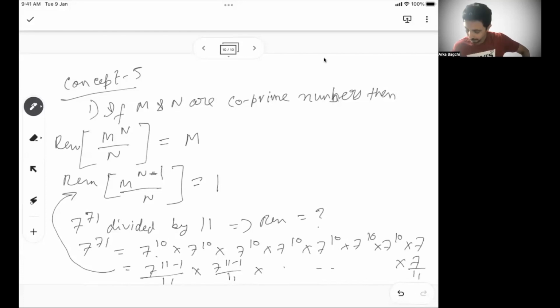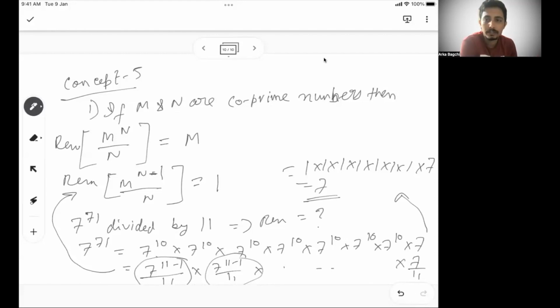So all this part will give me a remainder of 1, because of satisfying this criteria: 7 to the power 11 minus 1 by 11, where 11 is your n and 7 is your m. So it will be 1 into 1 into and so on, and the final one is 7. So your final remainder is 7.